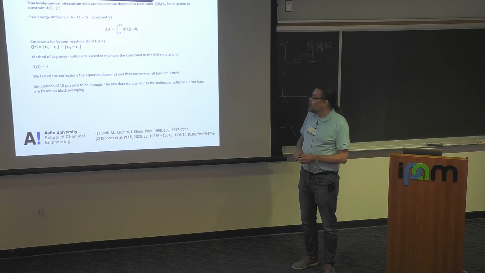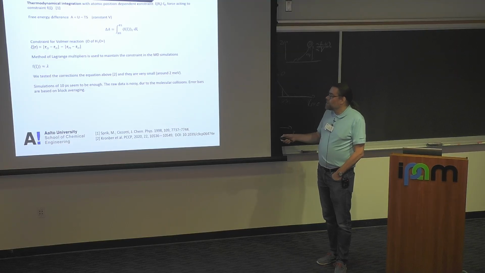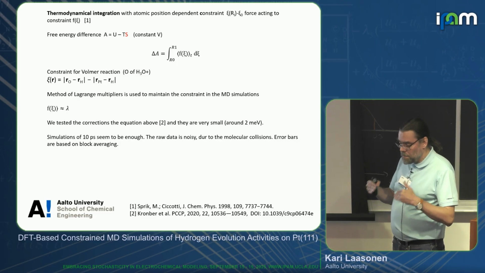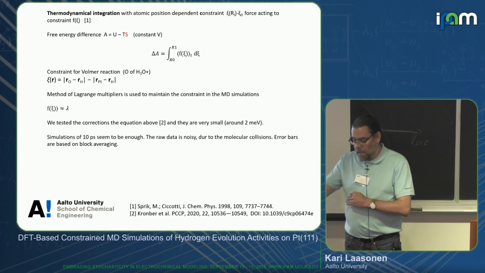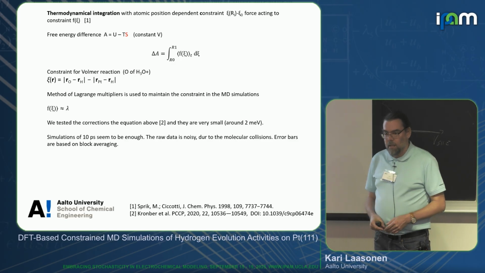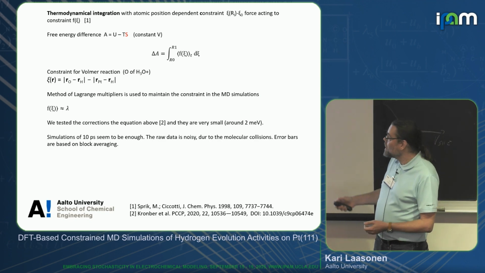Here are some comments. They come from the Sprik and Ciccotti paper, this idea that we can use the constraint. The constraint force is very close to the Lagrange multiplier. We move the atoms a little bit, then we impose the constraint, and from that we can always compute the Lagrange multiplier for that system.